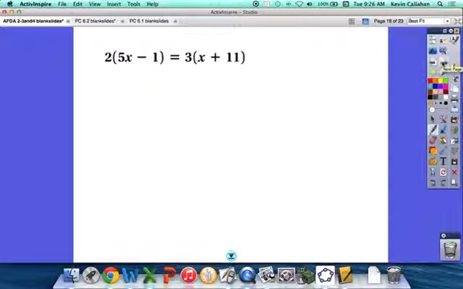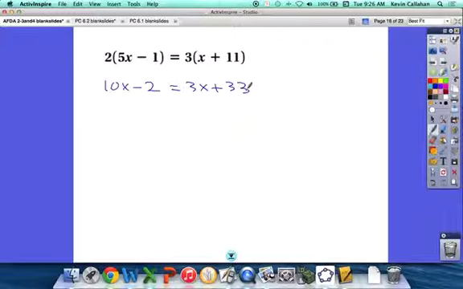How about this one? What do we need to do to simplify that? Yeah, you use the distributive property on both sides. Okay, now it's like the last problem. There's no like terms to do on the same side, and so you could start moving side to side. Which is the term you would move first?